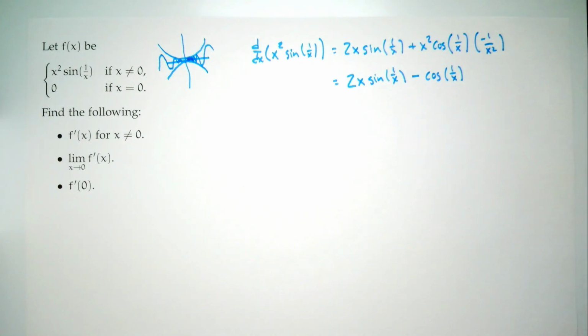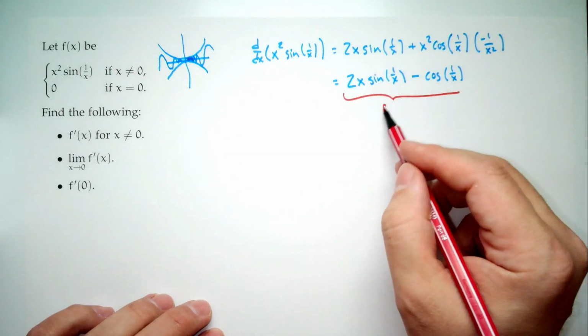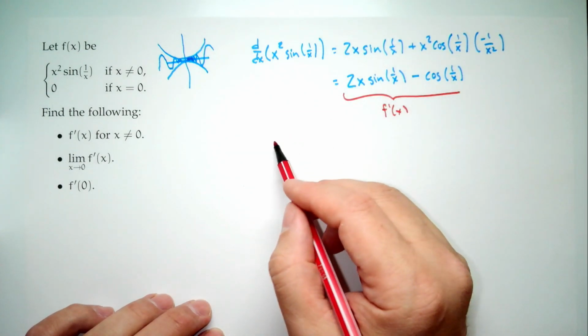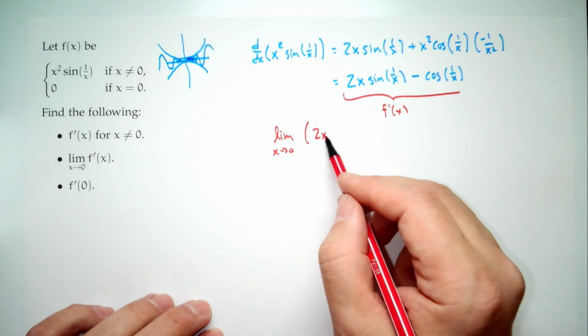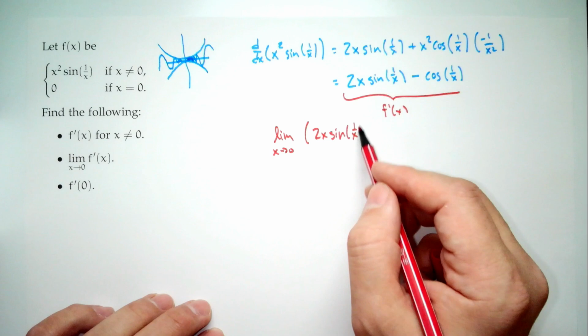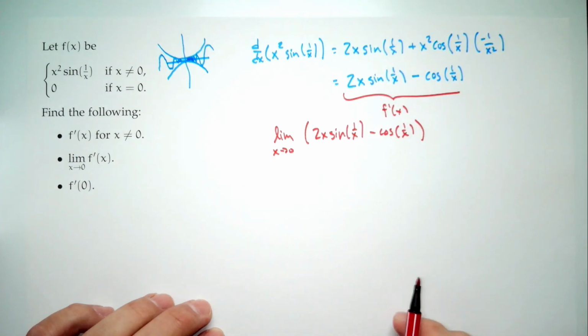Our second point: what's the limit as x goes to 0 of f prime of x? So here, this is our f prime of x. What's the limit as x goes to 0 of 2x sine 1 over x minus cosine of 1 over x?